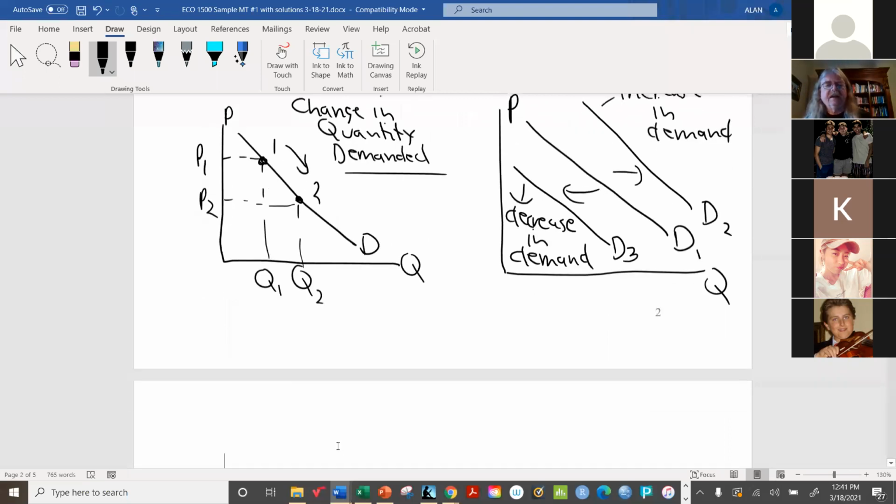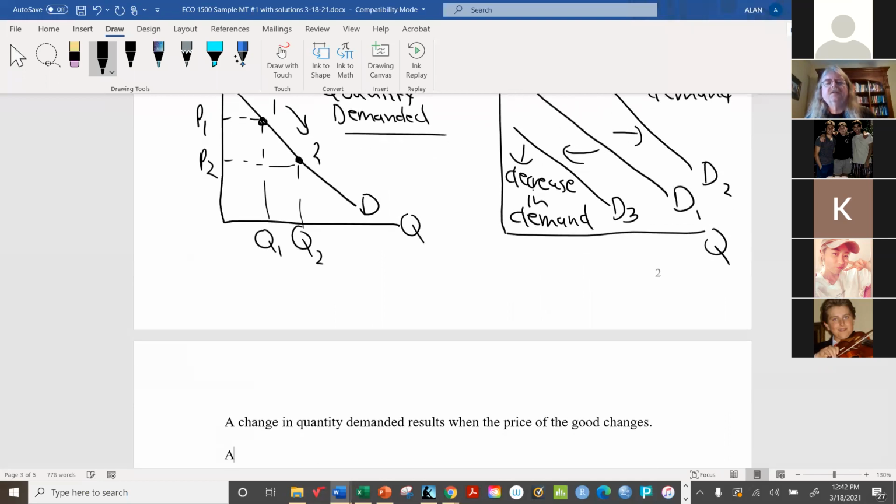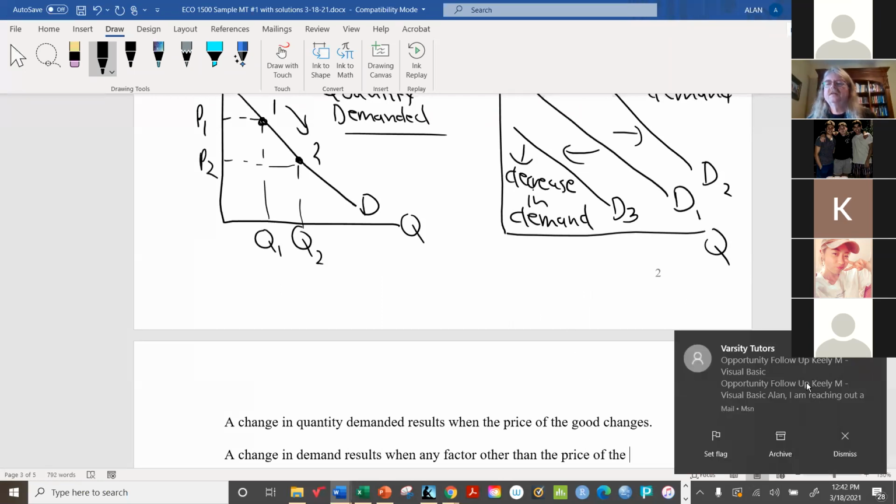Now, having said all that, just in terms of English, a change in quantity demanded results when the price of the good changes. A change in demand results when any factor other than the price of the good changes.